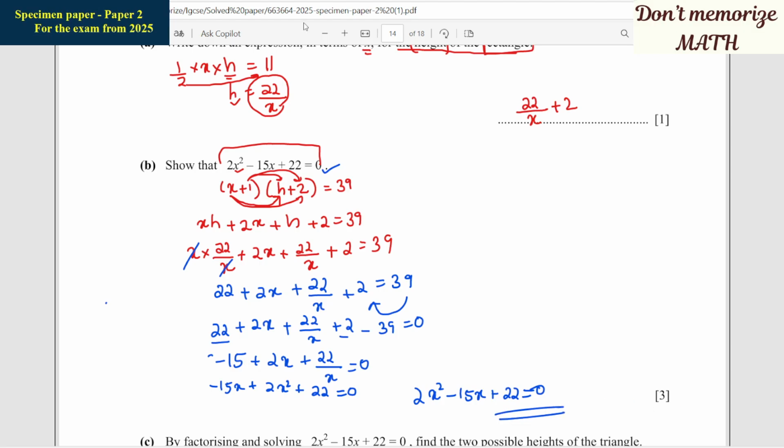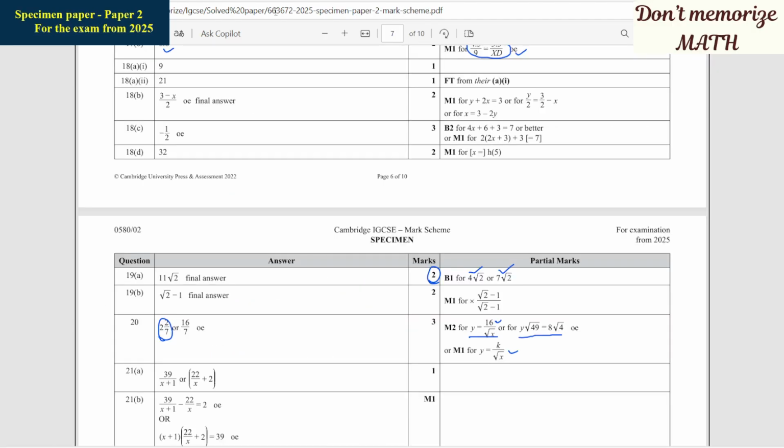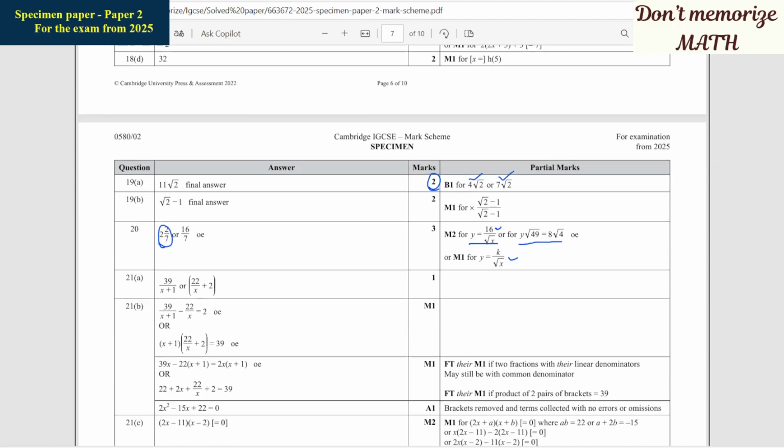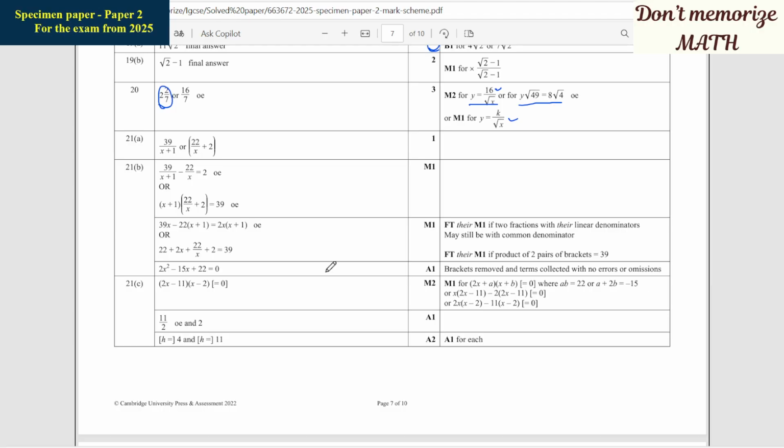Okay, so it's a 3 marks question. Let's see how the marking scheme is. In the marking scheme you can see the same thing we got for the A part, and the B part they did the same way: x plus 1 times h plus 2 is equal to 39.